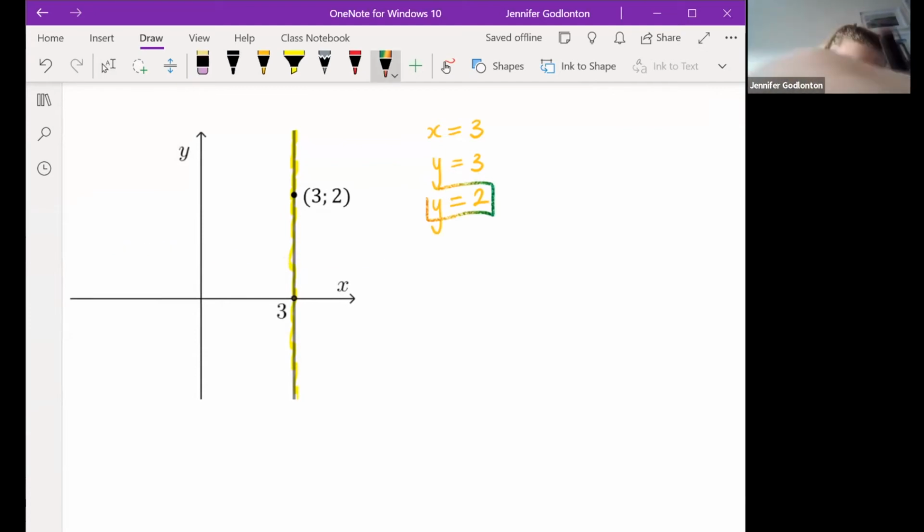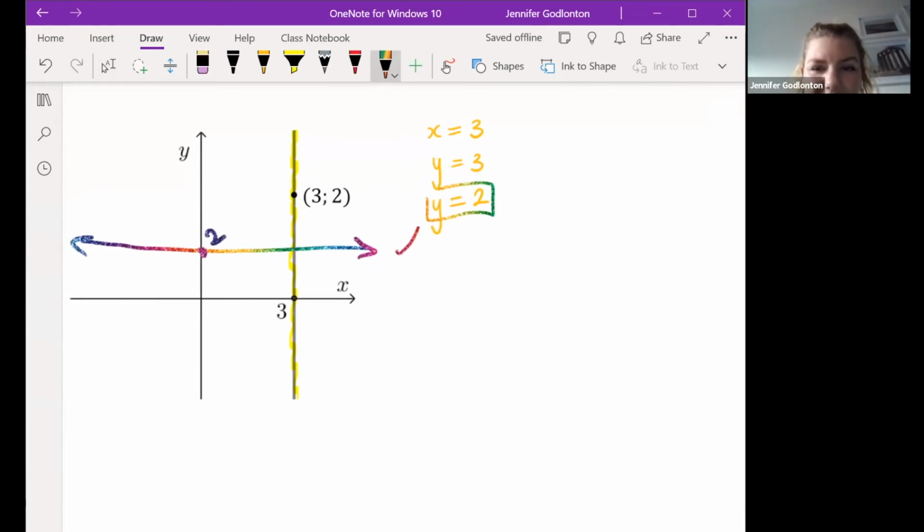It would be a horizontal graph, and my y-intercept would be 2. That graph would be y is equal to 2 because it's horizontal and my y value, because this is my y-axis, is equal to 2. So it's not going to be that graph. Then let's look at the next one. Then we've got y is equal to 3. Y is equal to 3 would also be a horizontal graph like that. Let me make it a bit more accurate.